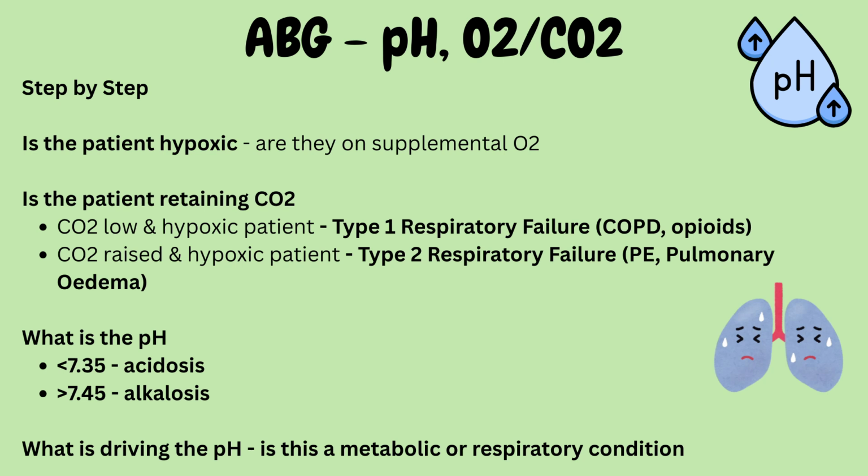And sometimes patients will do this to compensate. So someone who's breathing very, very quickly, hyperventilating, they'll have a respiratory alkalosis, and they'll be blowing off lots of CO2, and then their pH will be rising. And if the pH is low and the CO2 is high, then we're going to be thinking about a respiratory acidosis. And again, just as we covered there, that would be a type 2 picture.